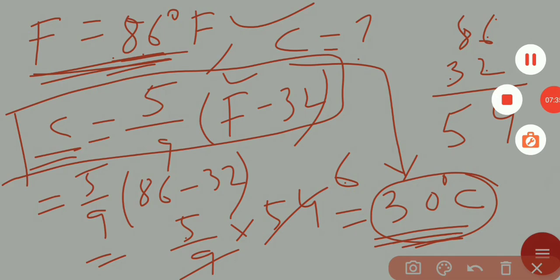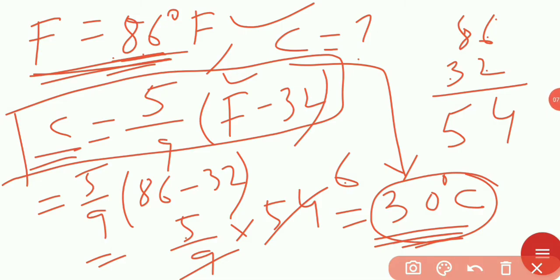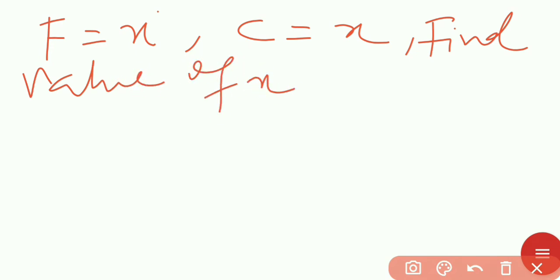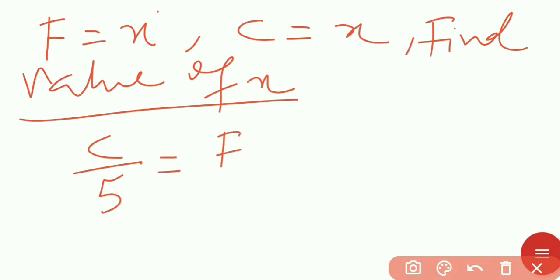Now one more question is that if F equal to X and C equal to X, then find the value of X. Put it in C by 5 equal to F minus 32 by 9.